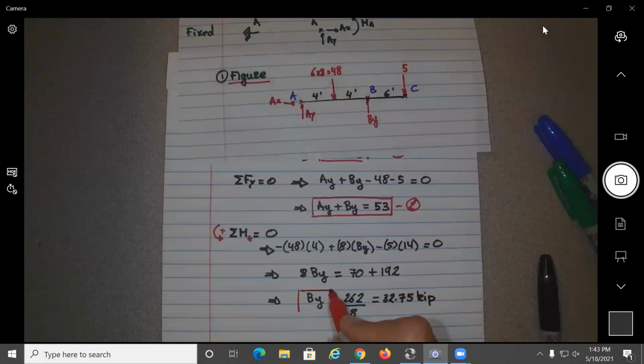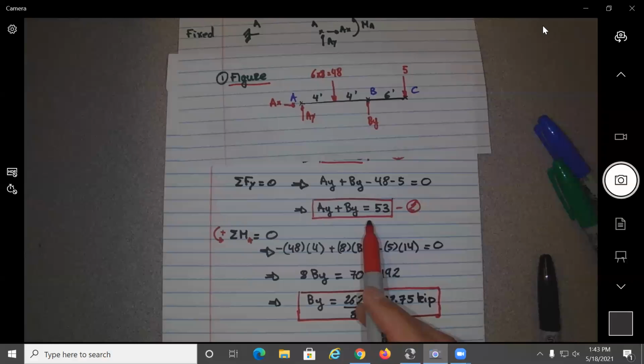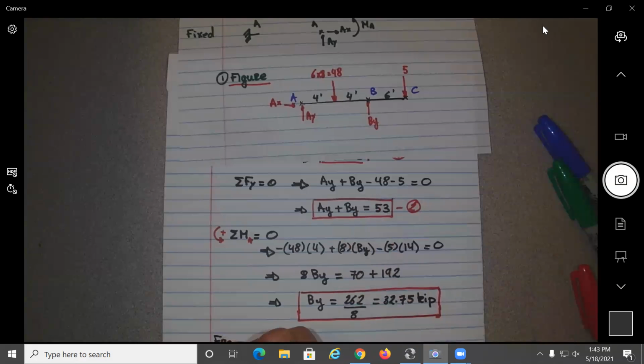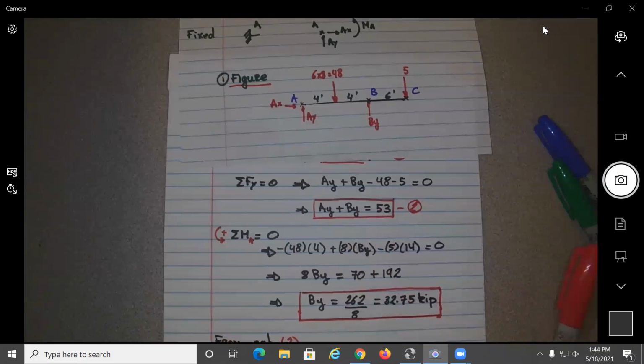So now that you know B_y, what can we do? We can go to equation 2 and solve for A_y, no? So from equation 2, we get A_y plus B_y equal to 53.